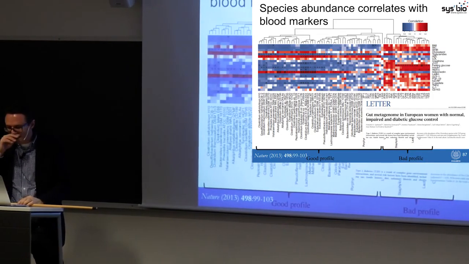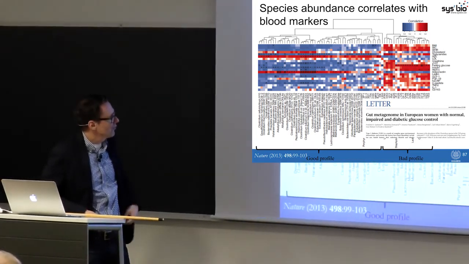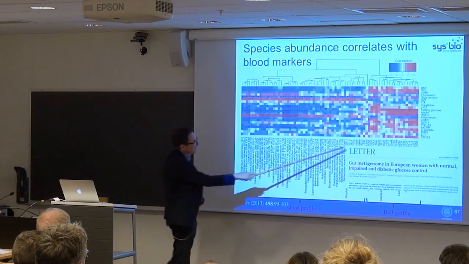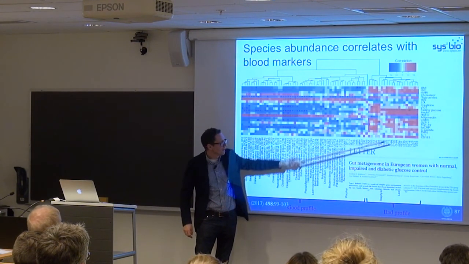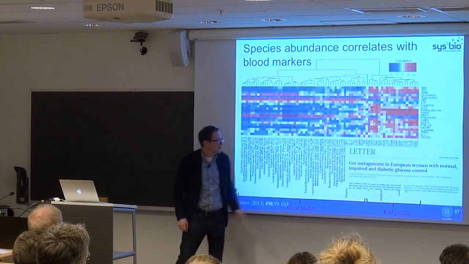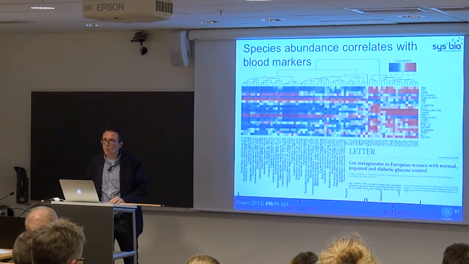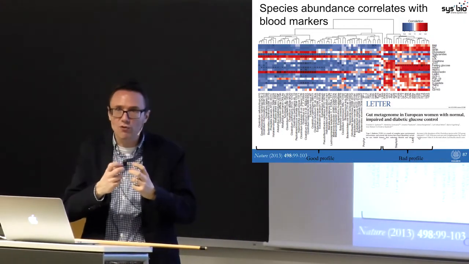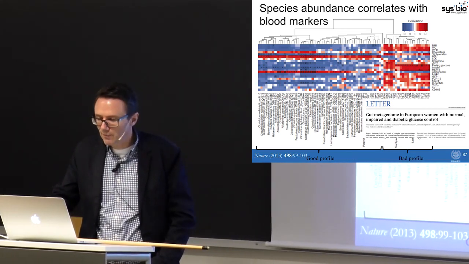And if we just look at the type 2 diabetics versus the healthy controls, we could find correlation between identified species and a number of plasma markers and other markers. And you can see overall we have over here what we call a bad profile, a set of species that seems to be more abundant in subjects with type 2 diabetes and thereby alter the gut microbiome metabolism in a bad direction.